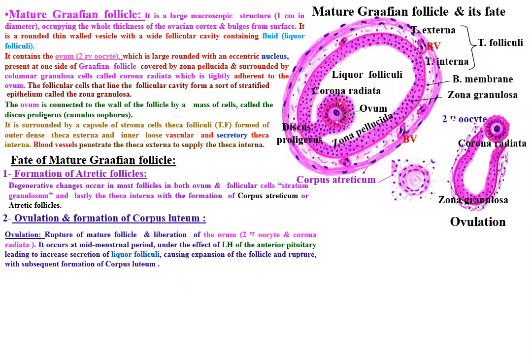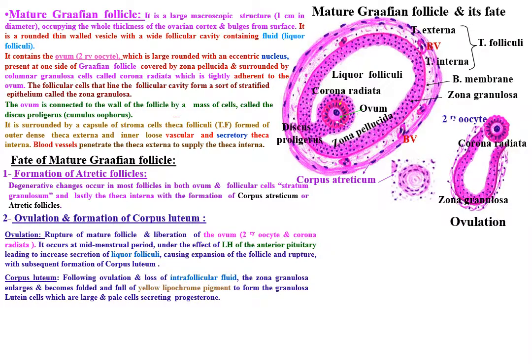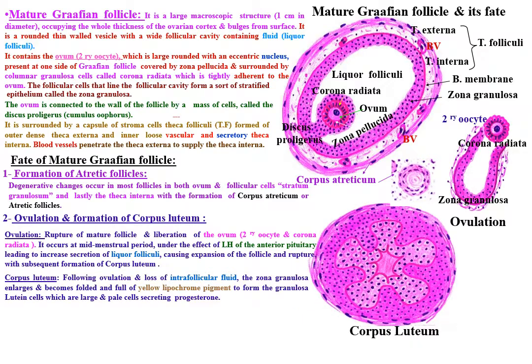Corpus luteum formation. Following ovulation and loss of the intrafollicular fluid, the zona granulosa enlarges and becomes folded and full of yellow lipochrome pigment to form the granulosa lutein cells, which are large, pale cells secreting progesterone.